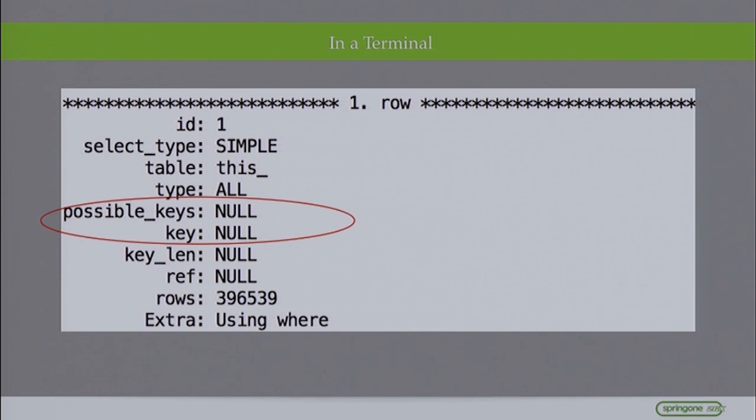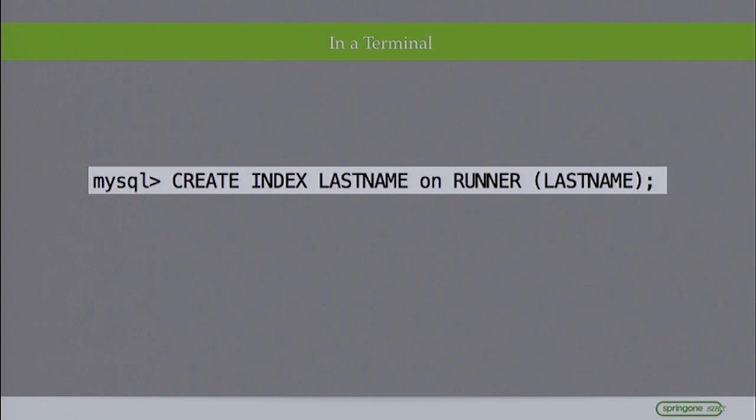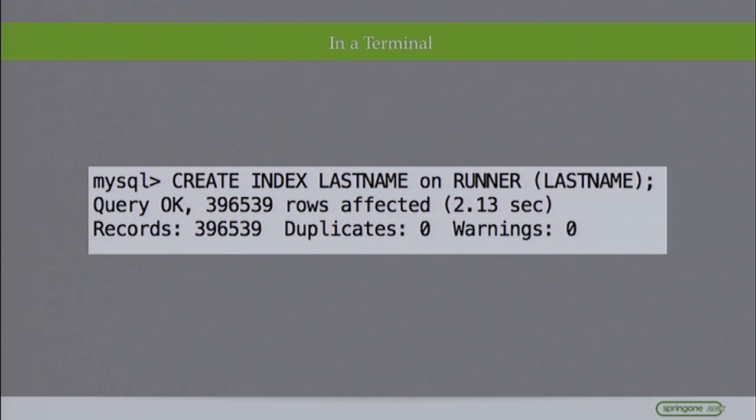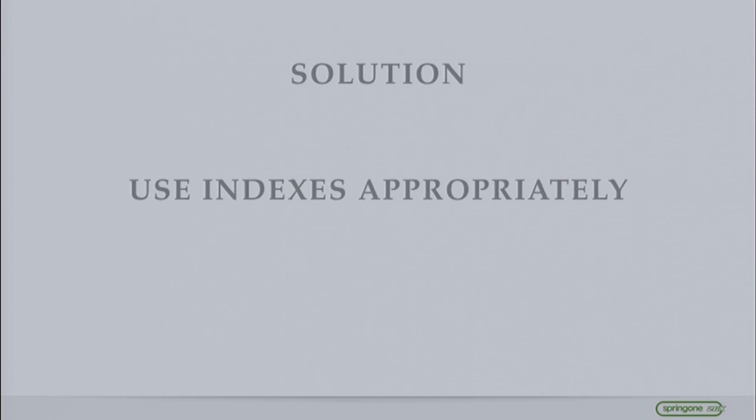So here we had no possible indexes, nor did we use any indexes. As a result, we scanned a lot of rows, almost 400,000 rows, right? So we can create an index, create index last_name on runner. It creates it successfully.